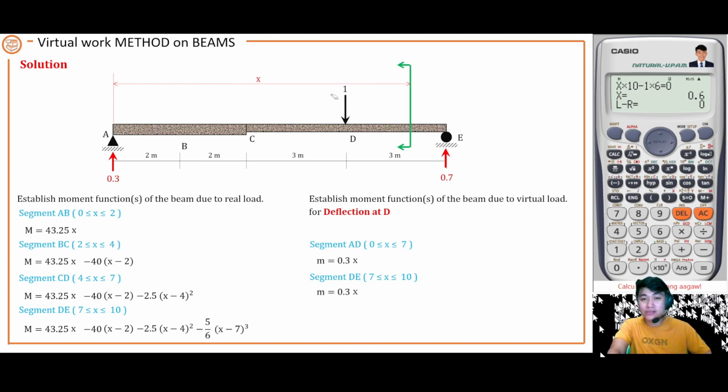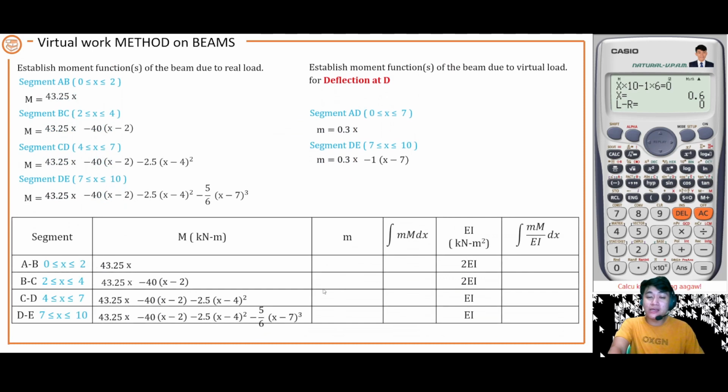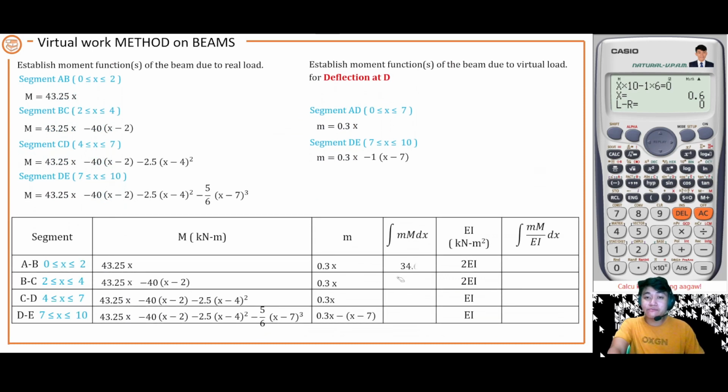Okay? Clockwise and counter and negative. Okay? So, and then tabulate. Same pa rin yan. Then perform. And anyway, this is for segment A to D. So, for A to D. So, A, B, B, C, C, D. Okay? And then for D to E, then evaluate. Okay?